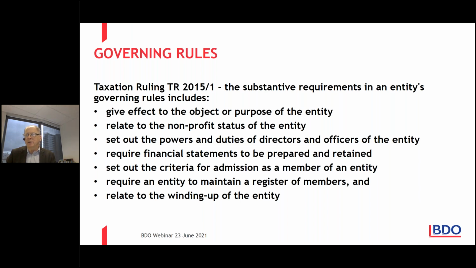For example, if it says that you'll have the accounts audited, that's a substantive requirement. So you need to then consider, do we change our constitution if the rules no longer require us to do that, to ensure that the constitution or your governing documents cover that going ahead?